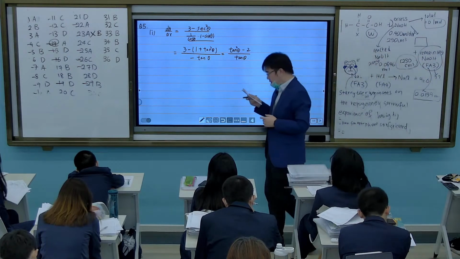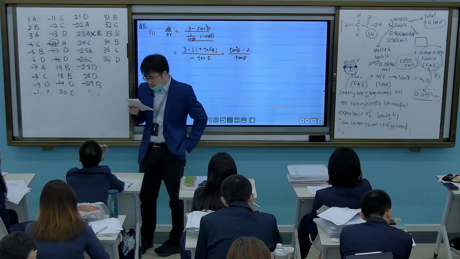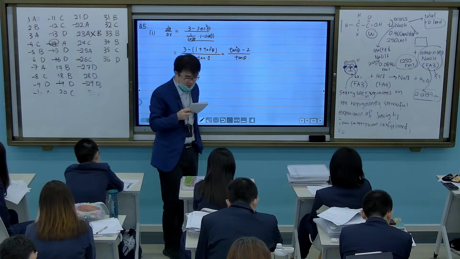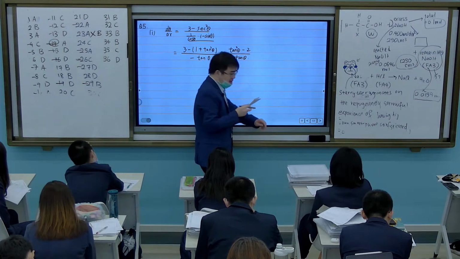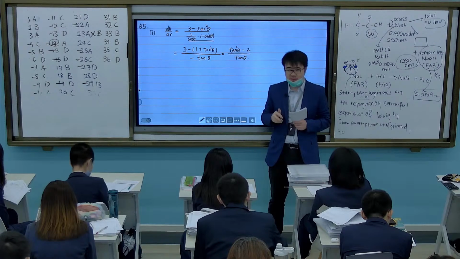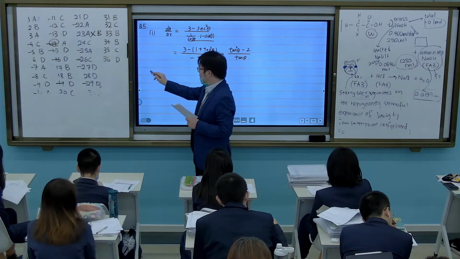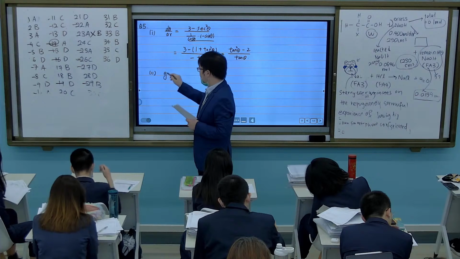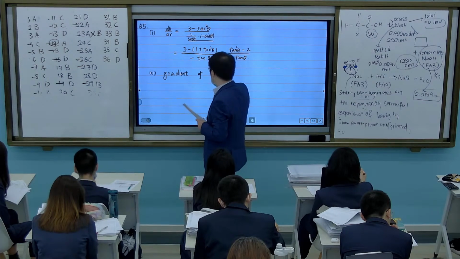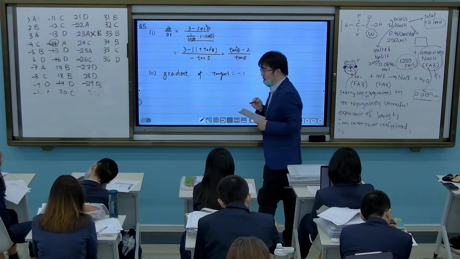Then part 2 is to find the exact y-coordinate of the point on the curve at which the gradient of the normal equals 1. Gradient of the normal, please be careful, this is normal instead of the tangent. So you need to convert the gradient of the normal to the gradient of the tangent. So the gradient of the tangent equals -1.